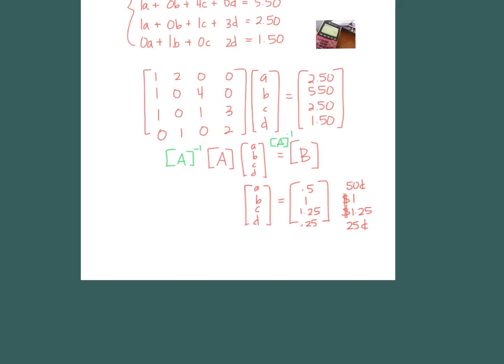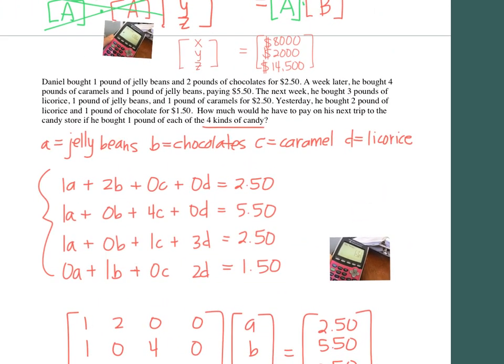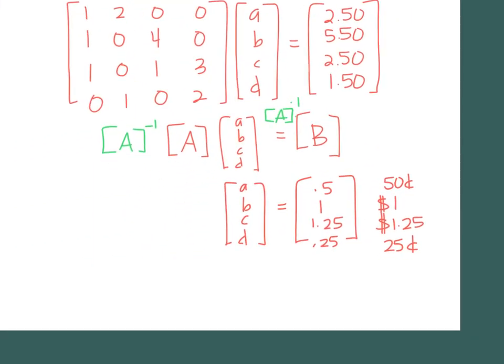The question is, how much will he have to pay on his next trip? Okay, so let's look at the actual question. How much will he have to pay on his next trip to the candy store if he bought 1 pound of each of the 4 kinds of candy? So we need to find our new and final total. And so we would have 1 pound of the jelly beans plus 1 pound of chocolate plus 1 pound of caramel plus 1 pound of the licorice.